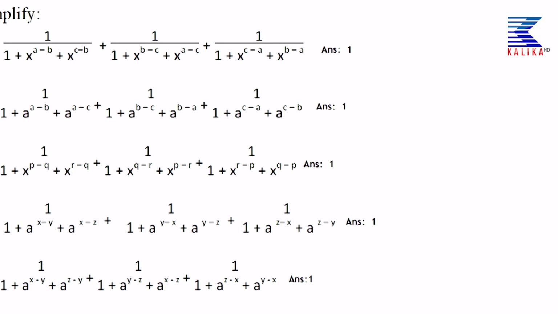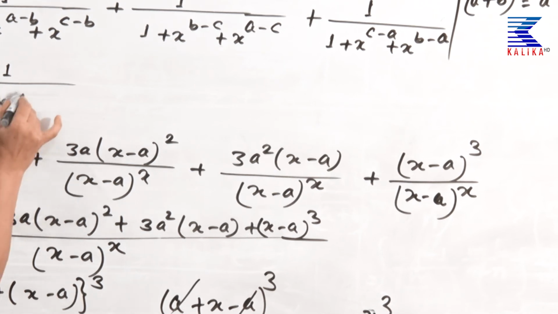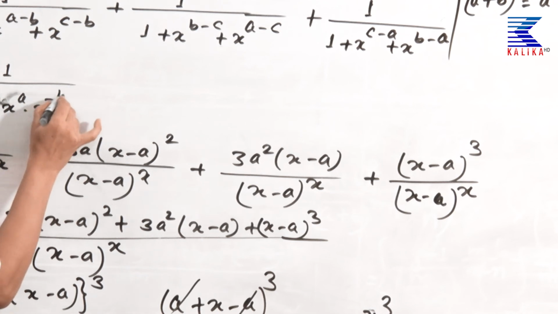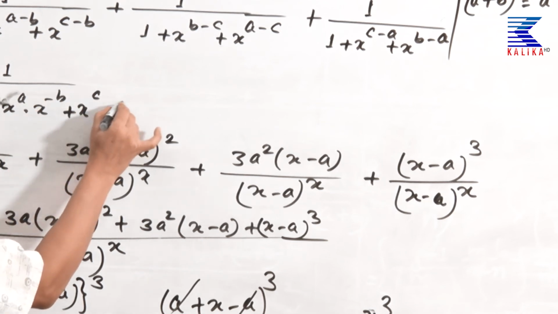Okay. 1 upon 1 plus x to the power a into x to the power minus b plus x to the power c into x to the power minus b.